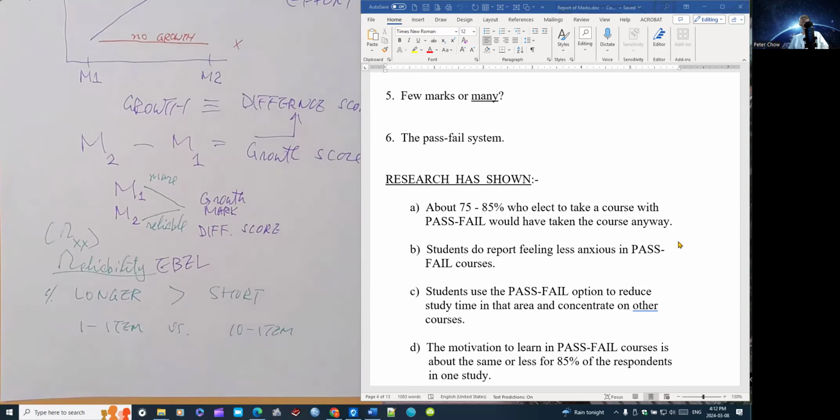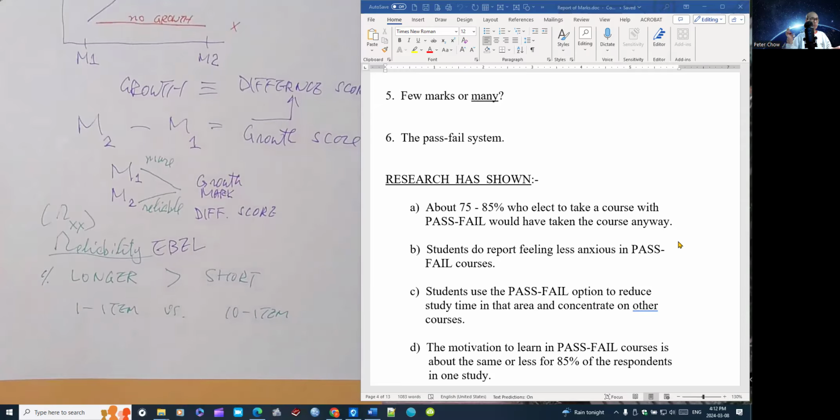Okay, all right. So here, marks. Marks also: fewer marks or many. Well, now, of course here, the more marks, the better, and the more reliably they depict the examinee's achievement status.